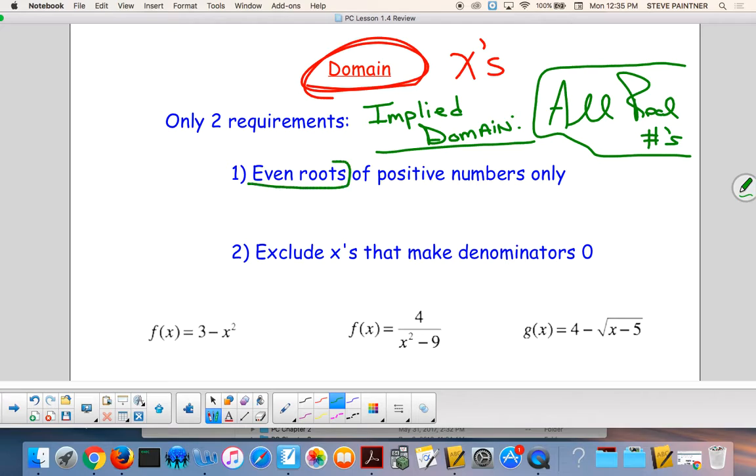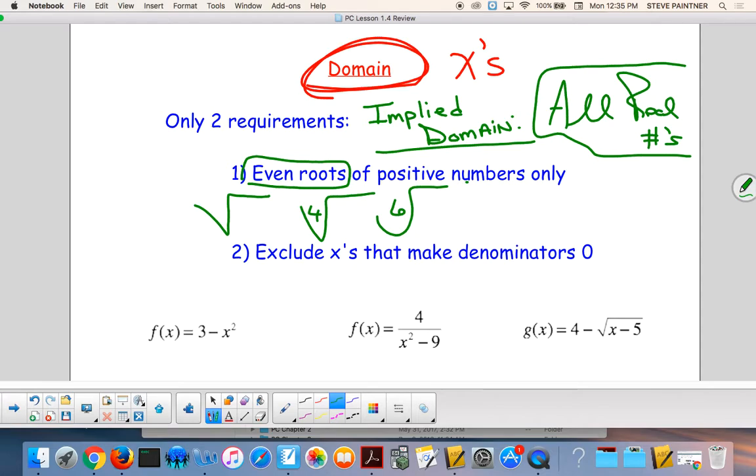When you run into even roots, like the square root of a number, give me another one. Fourth root, yep. Sixth root. That's what they're talking about. When you run into even roots of positive numbers only, that's not true.